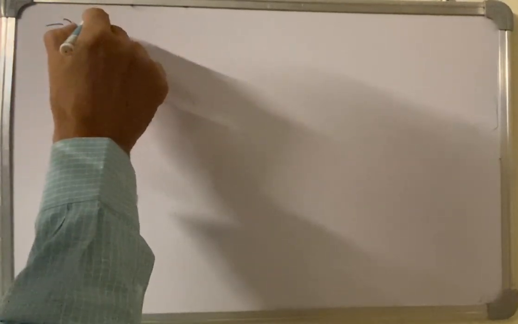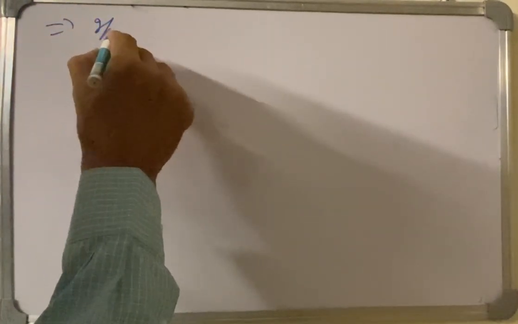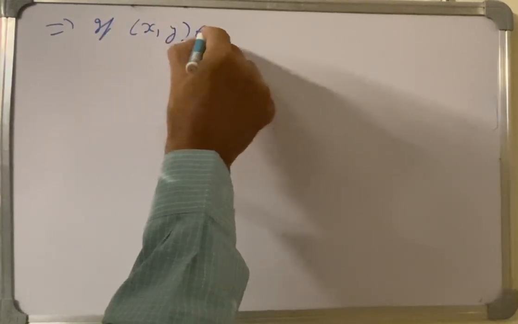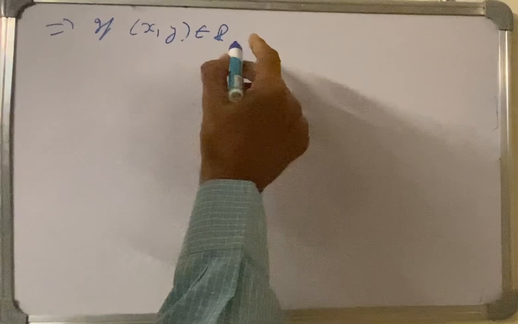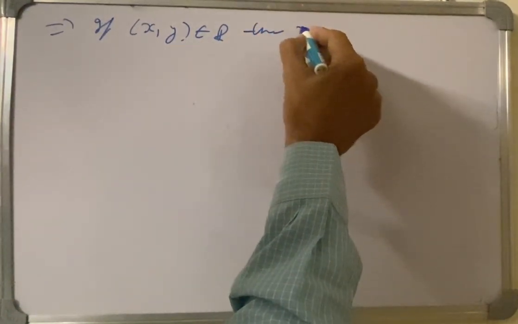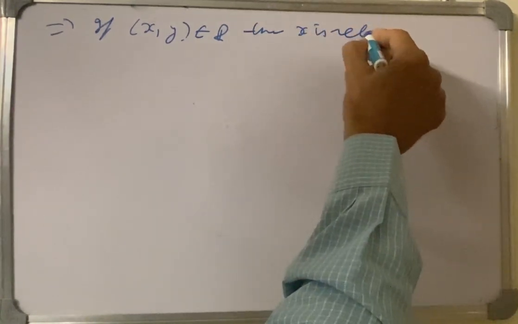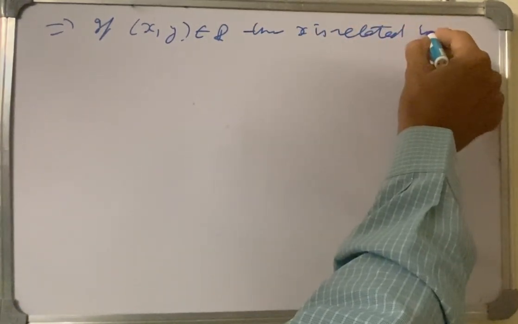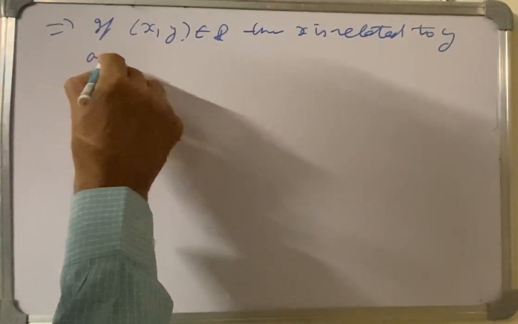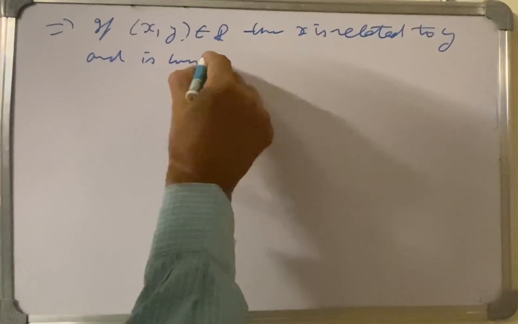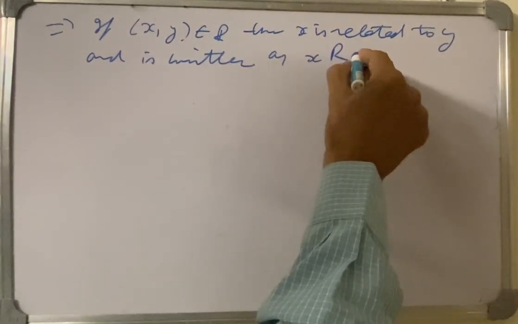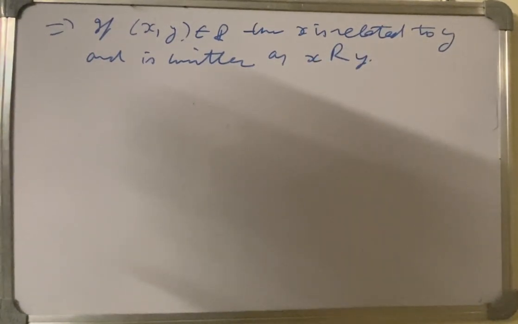Therefore, if (x, y) belongs to R, then x is related to y and is written as x R y.